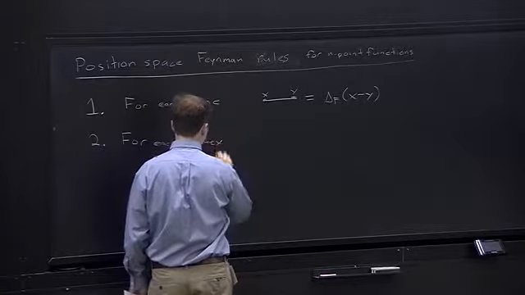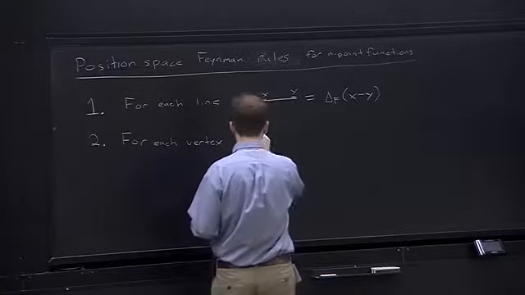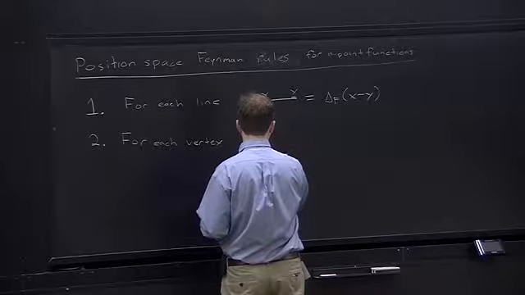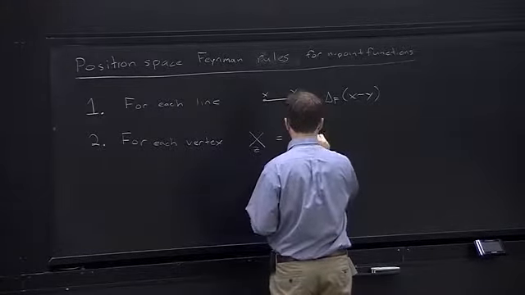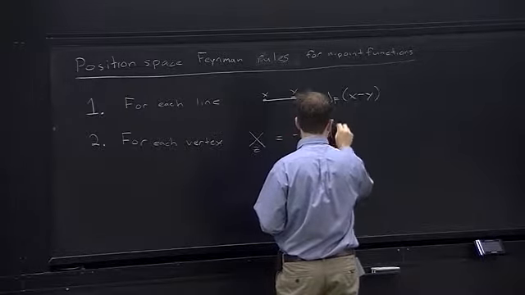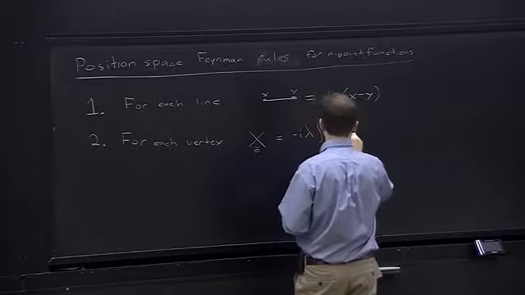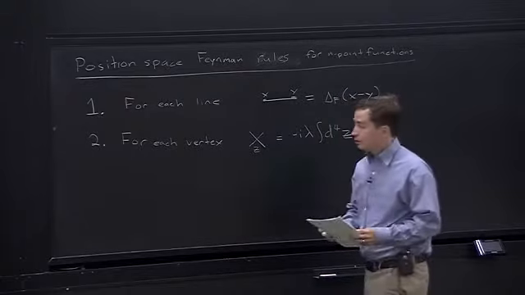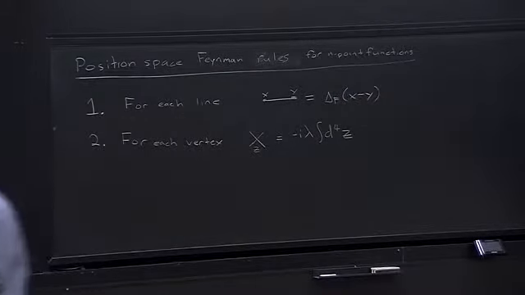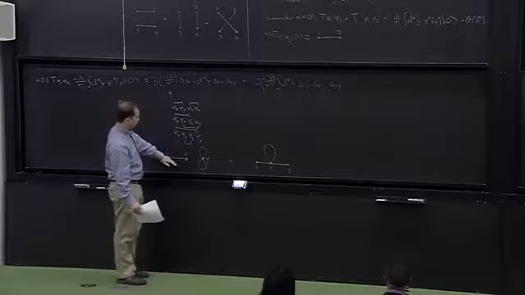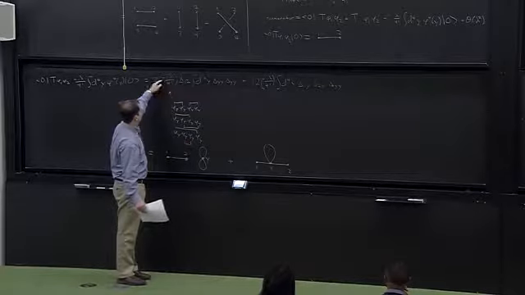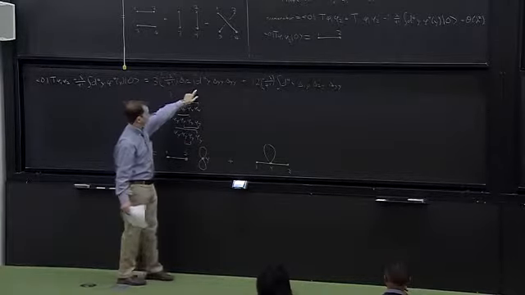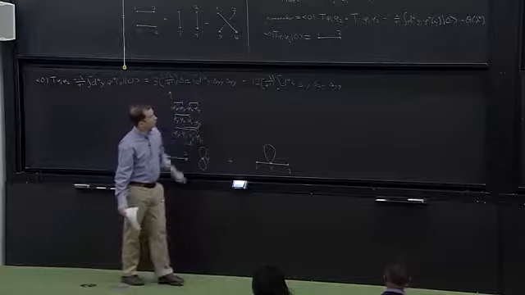is for each vertex, we get a factor of minus i lambda times the integral over the position of that vertex. So we can see that just by looking at our examples here. So in these first order diagrams, we had one vertex, and they all came with the factor minus i lambda integral d4y.